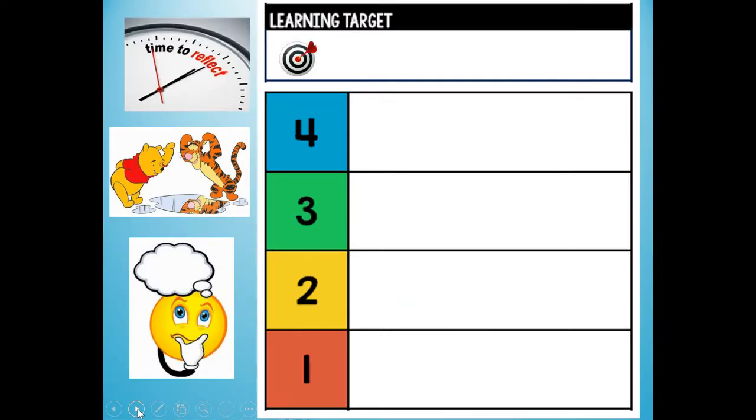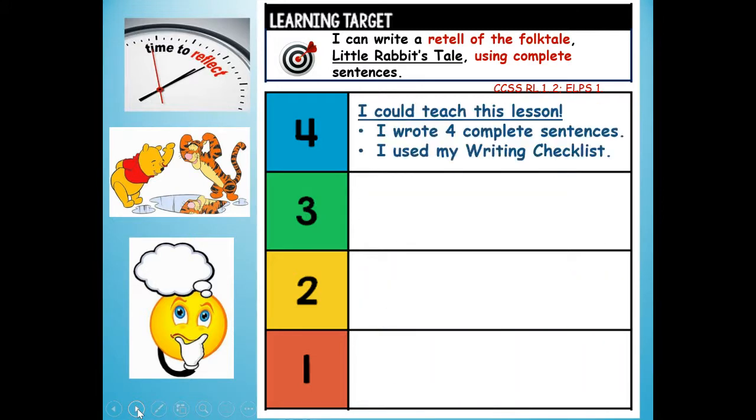At the top of your paper, I want you to reflect on your learning. How do you think you did? Our learning target was I can write a retell of the folk tale Little Rabbit's Tale using complete sentences. Would you give yourself a 4? I could teach this lesson. I wrote 4 complete sentences and I used my writing checklist.